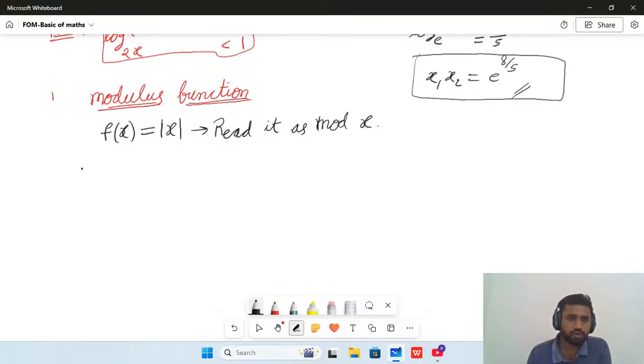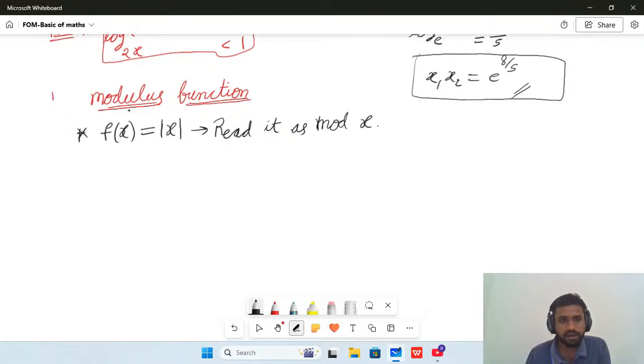So what will this modulus function do? This modulus function also will take input and give output, like all the other functions. What is the basic work of a function? The basic work of a function is to take input and to give output.